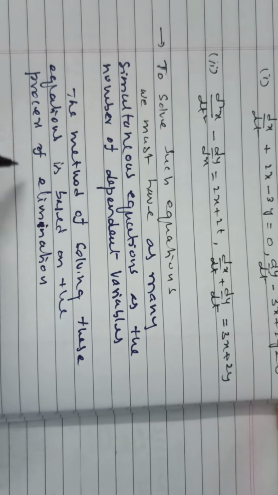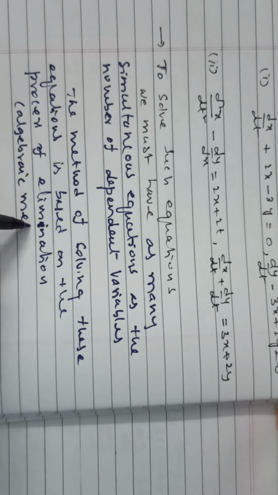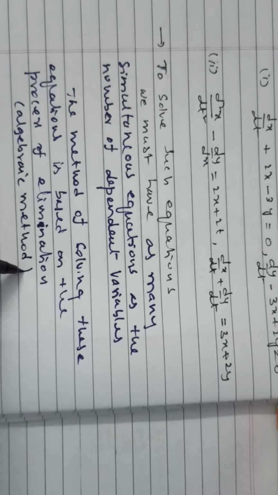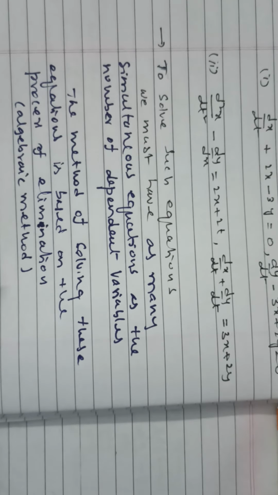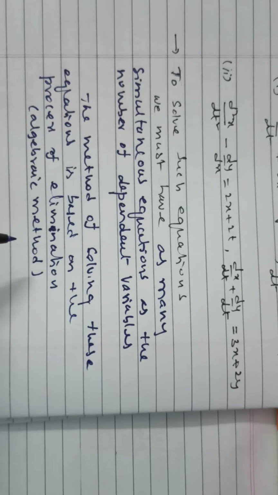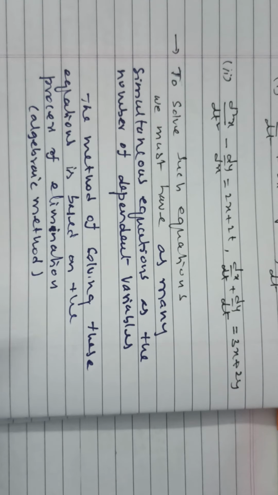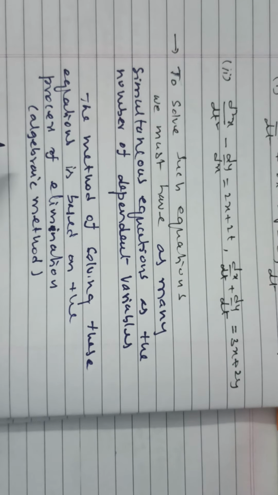This is also like an algebraic method: how to eliminate one variable in two algebraic equations in x and y variables. So let us solve the simultaneous equations.